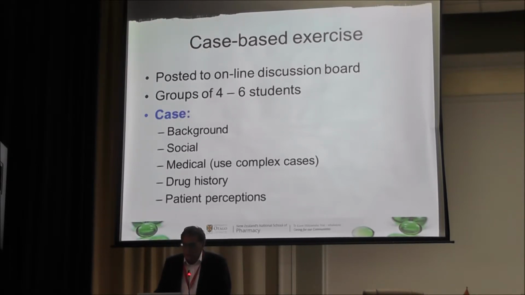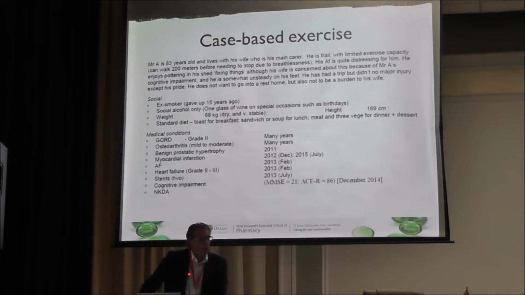We provide the drug history and then also some information about the patient's perceptions, their current complaints, their current concerns about their health. This is only part of the case. The case is usually at least 3 pages long, where we give that very detailed information.